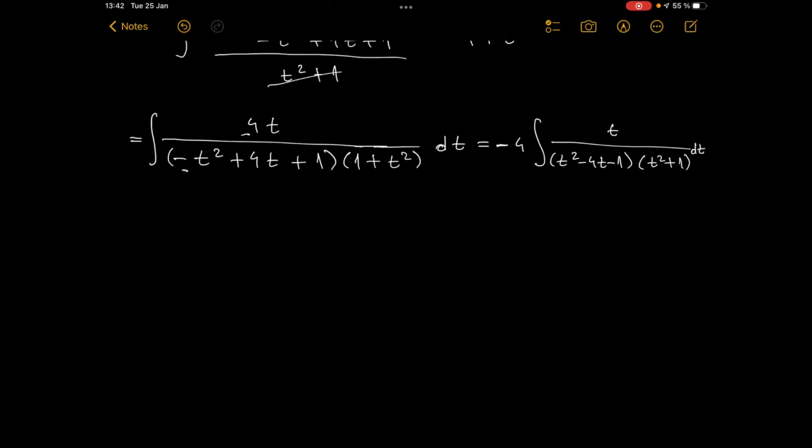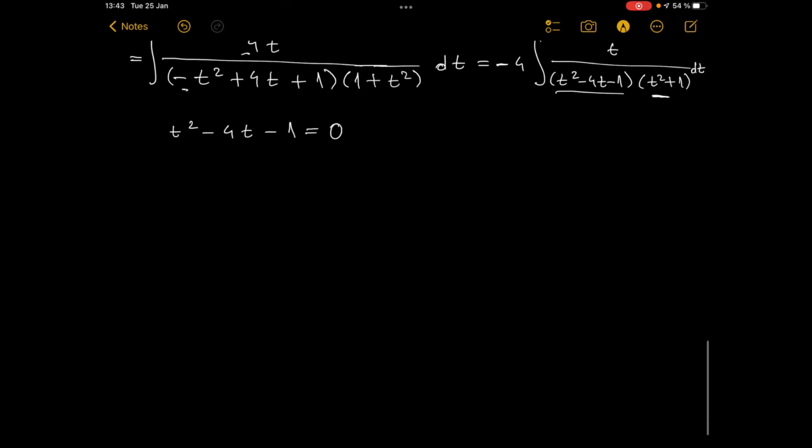Now the next thing is to factor this part right here. This other part, t squared plus 1, is not factorable, at least not in the real numbers. So we're going to try and factor this part right here, of course by using the quadratic formula.